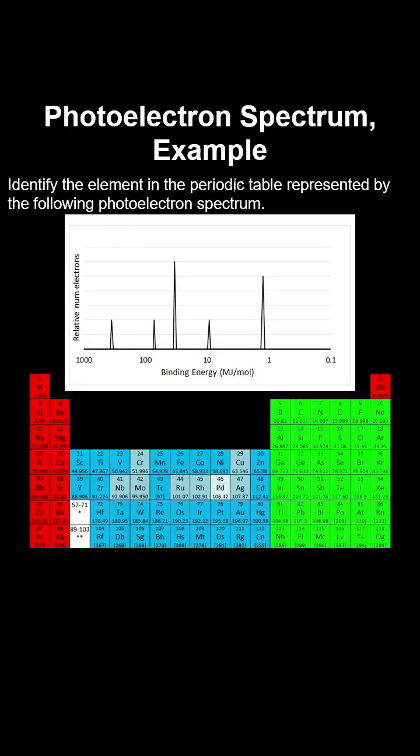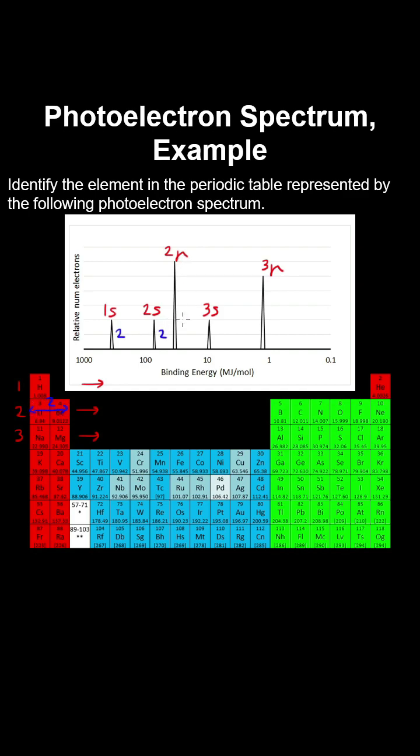Identify the element in the periodic table represented by the following photoelectron spectrum. So we start from the nucleus and work our way to the valence shell. And you can follow the periodic table to do this, going from each energy level in order. And now we can work out the relative number of electrons. So we know that the subshells closer to the nucleus get filled first, and the s subshells take 2 electrons.